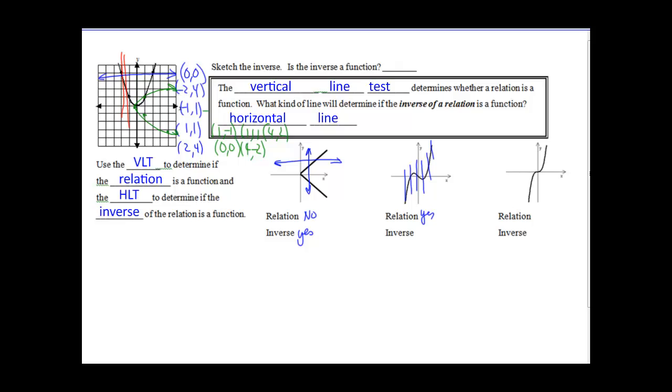But the inverse, if you notice right through here, the green goes through multiple times, so the inverse will be no. And the last one, draw vertical lines, yes. And horizontal lines, right here is going to be a troublesome part right at the 0, but the answer is yes. If we were to blow that up a little bit bigger.